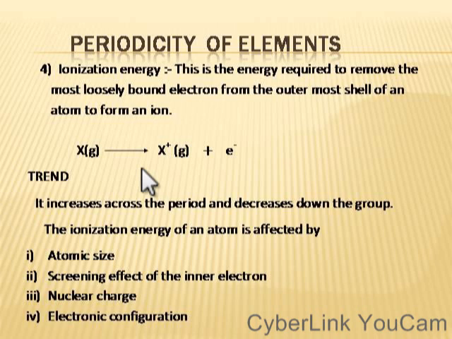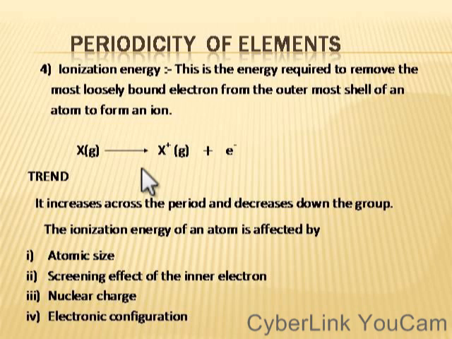Now the first ionization energy is the energy required to remove the outermost electron in an atom in the gaseous state. Let's take sodium again. Sodium has 3 shells.